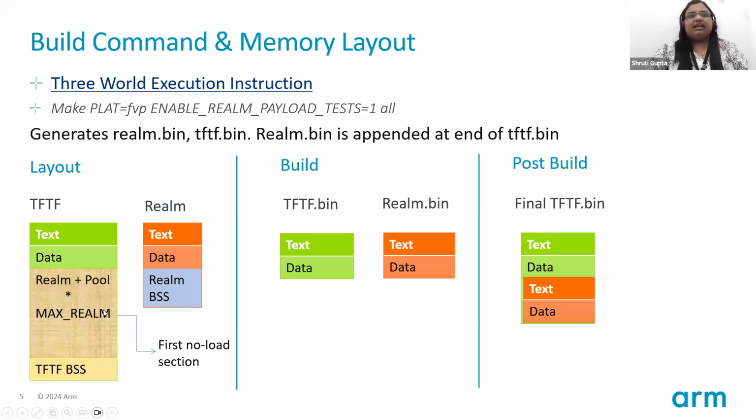So the limitation is that this memory has to be the first non-loadable section, so that when the TF-TF bin is generated, the realm.bin can be appended at the end of it. When this flag is not enabled, the section is of 0 length, so it makes no difference to the TF-TF binary. So after build we have 2 different binaries, and post build we do processing and we append the realm binary to the final TF-TF.